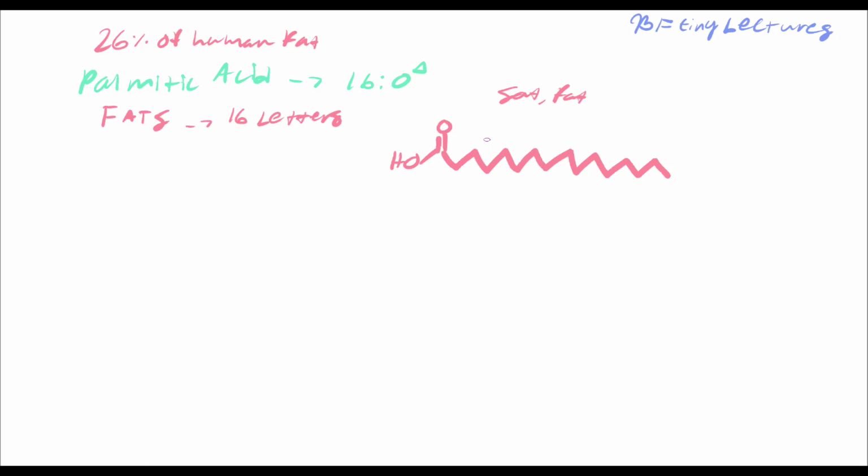But what about the oleic acid? Oleic acid right here. So let's draw that out. Well, the reason why oleic acid is so important is because it constitutes 45% of human fat.